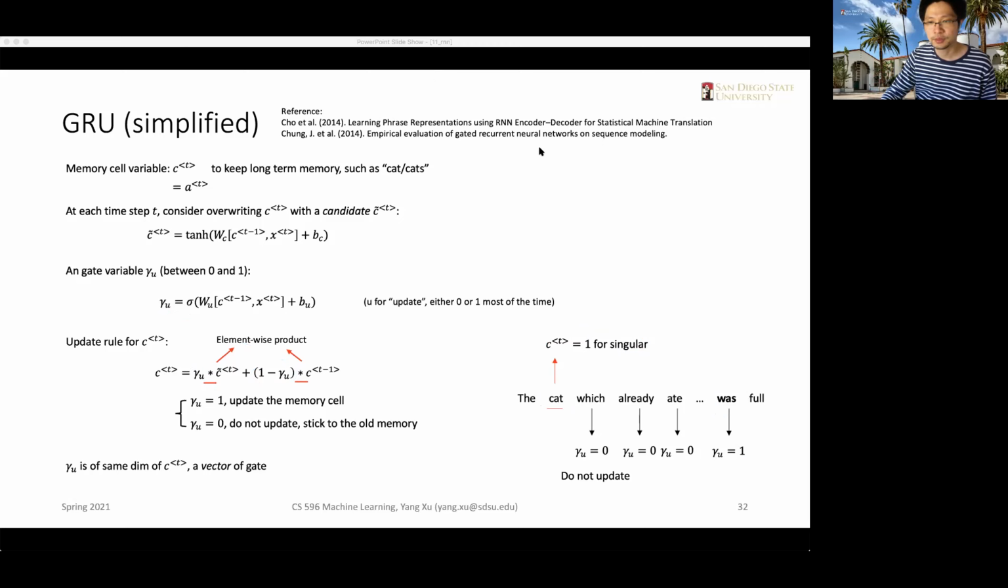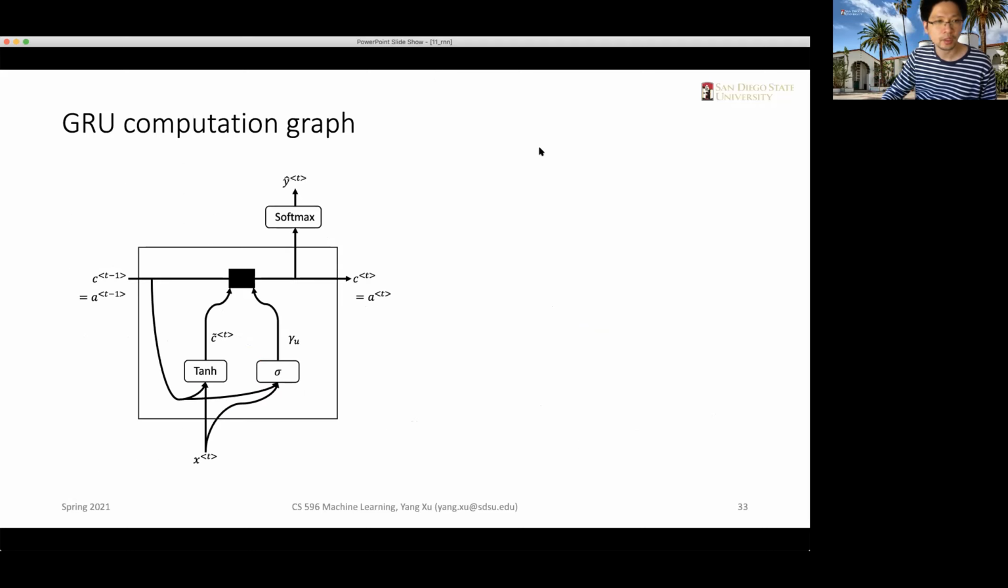All right, so let's look at the internal structure. If we want to visualize it, it will be like this. Compared with the basic RNN, the input is basically the same, right?